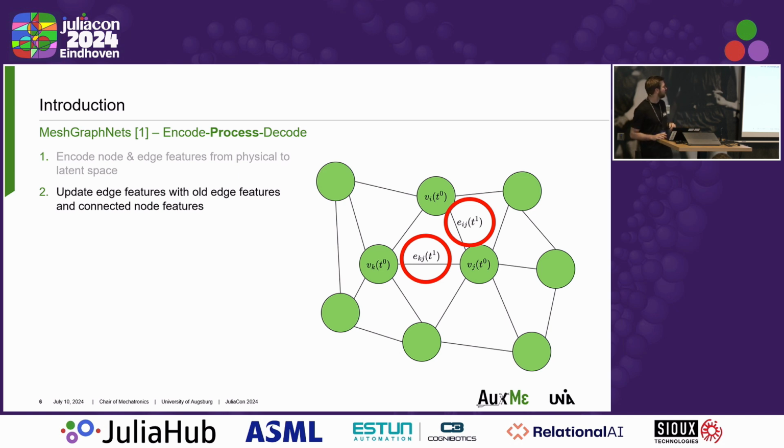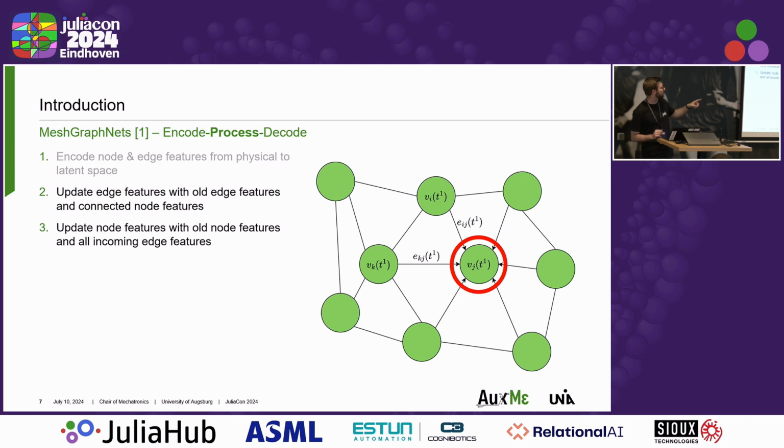And in the second step, you take these updated edge features, and if you look at the circled nodes, you take all the incoming edges and accumulate these edge features that were calculated in the previous step and update the node feature of that node. And you do that for every node in the graph. It's just for representation purposes that I drew the arrows to only one node, but you do that for all the nodes simultaneously.